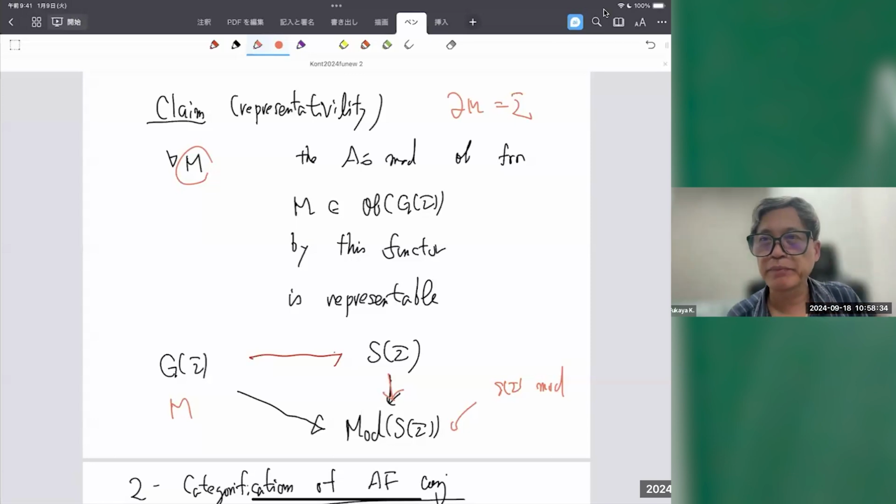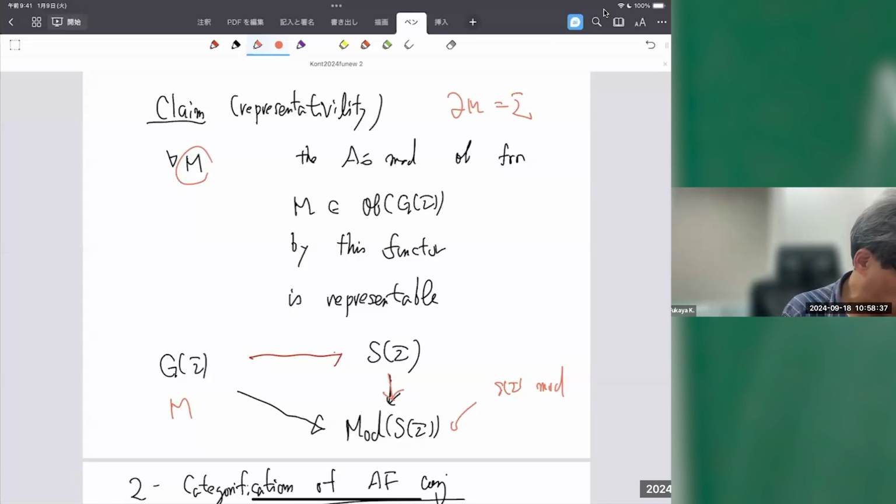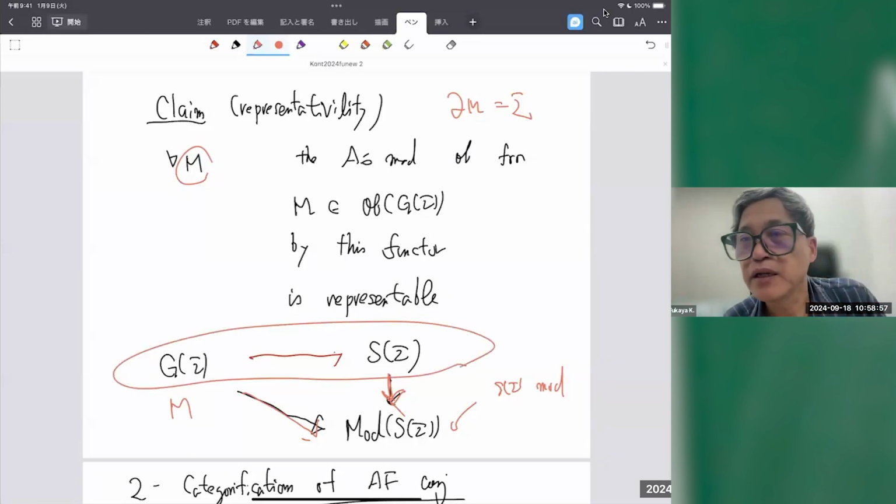It means that it is representable. I don't want to explain the proof, but once we can prove it, then this is already an infinity functor. And this Yoneda functor is a homotopy equivalence to the fully faithful category. Then once this one is contained in the image of this, you don't need to do anything about the morphisms. Then you can just lift it to get the infinity functors.